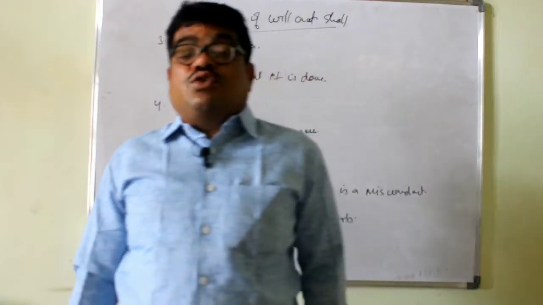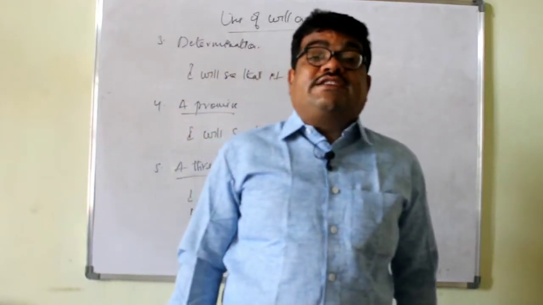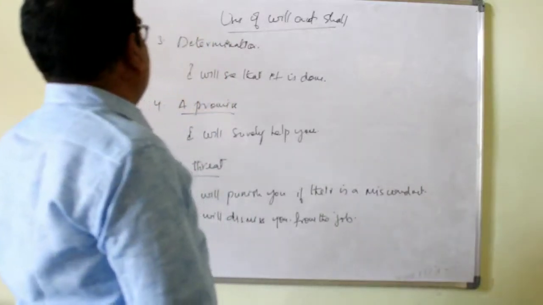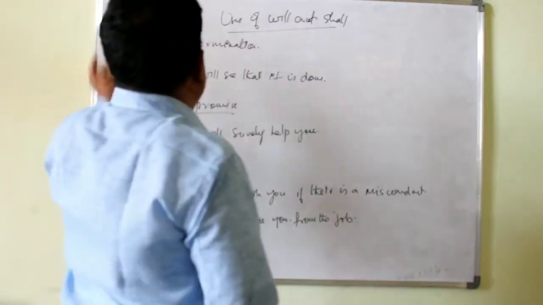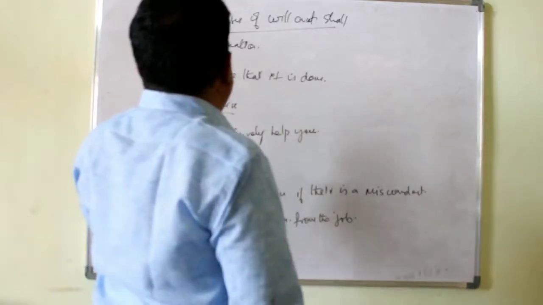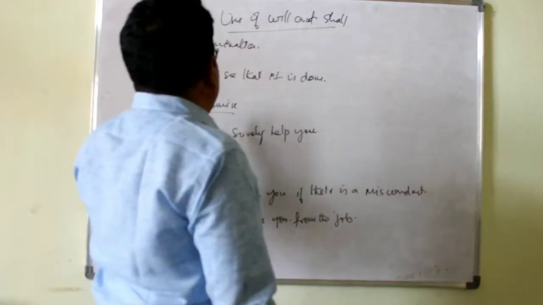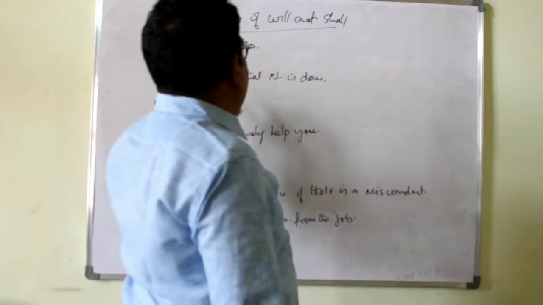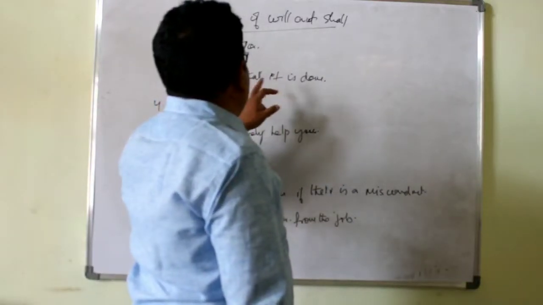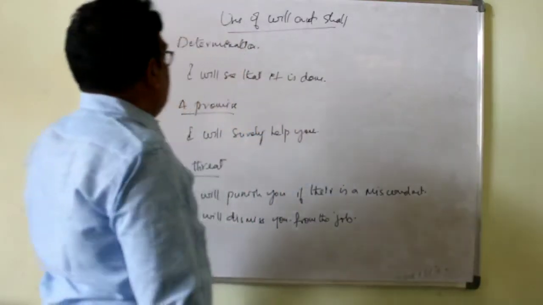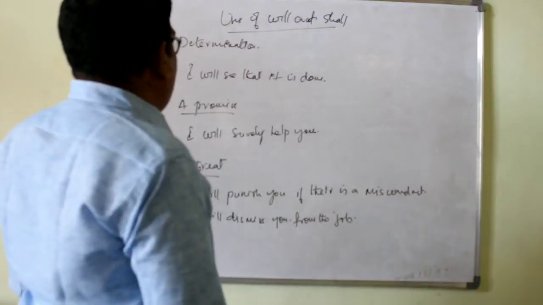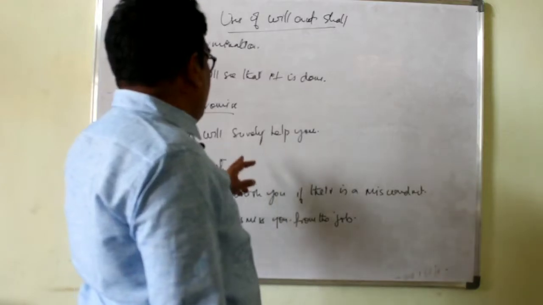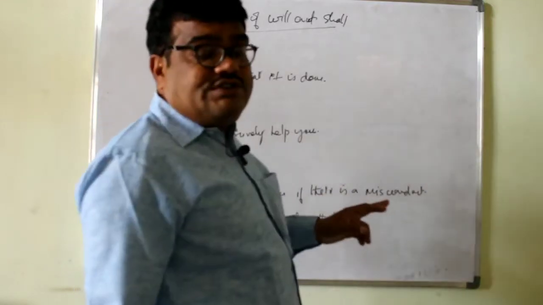Generally, the rule is that shall is used in the first person. But when will is used, what does it indicate? When will is used, it talks about determination. The example for that is, I will see that it is done. And it also talks about a promise: I will surely help you. This is the promise.